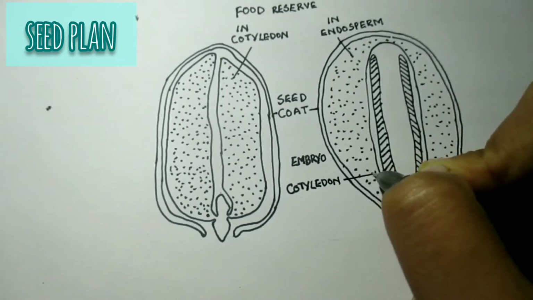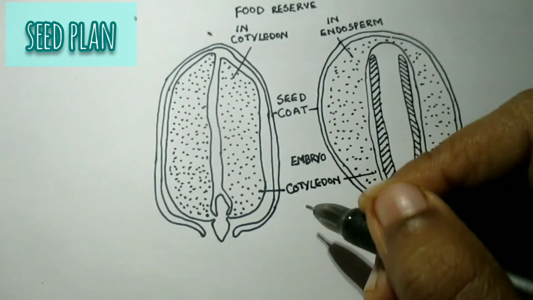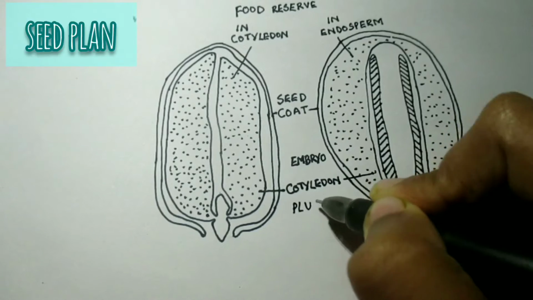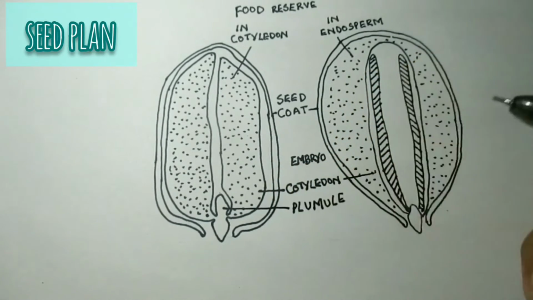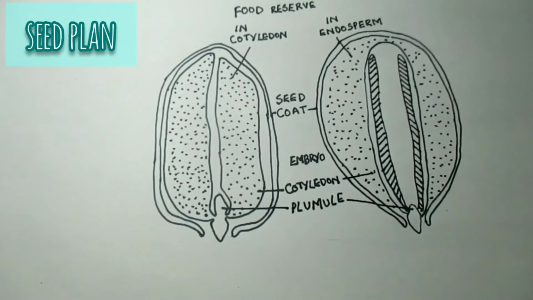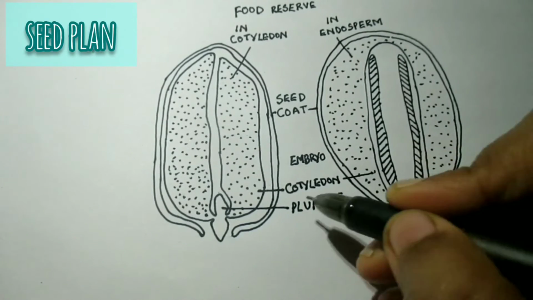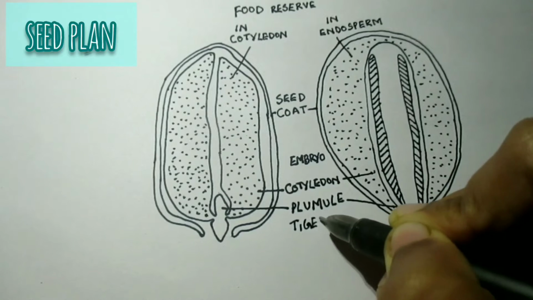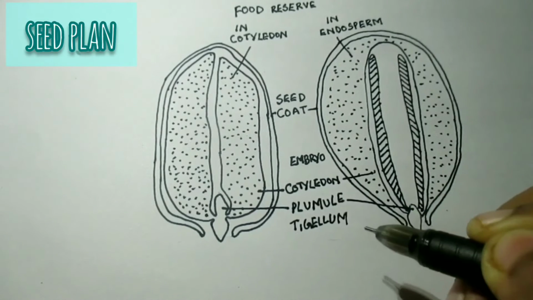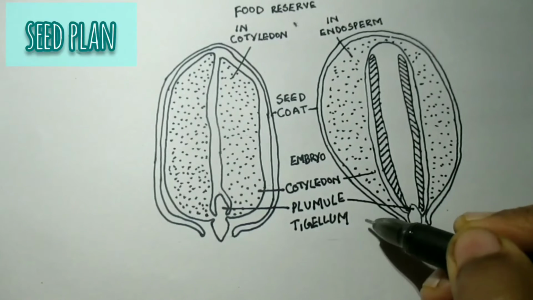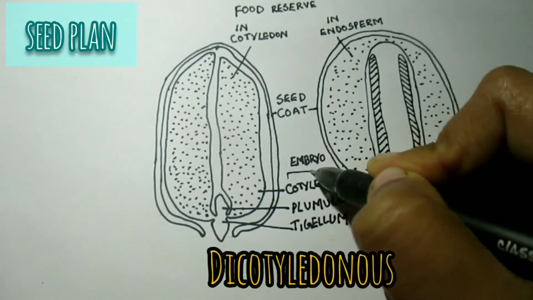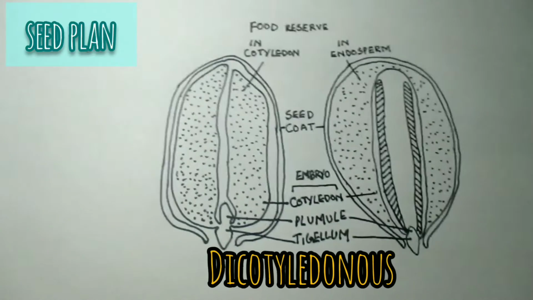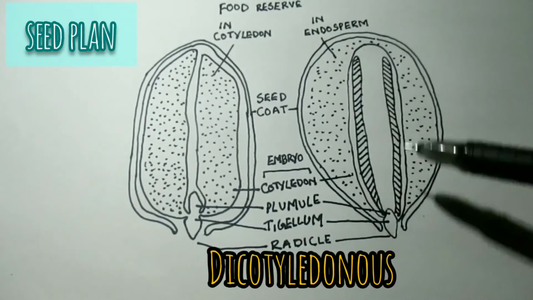Some angiospermic seeds do not show a proper differentiation of cotyledons, but other characteristics put them along with either monocotyledons or dicotyledons. Both dicotyledonous and monocotyledonous plants may be albuminous, that means having endosperm, or exalbuminous, that is, without endosperm, according to its presence or absence.